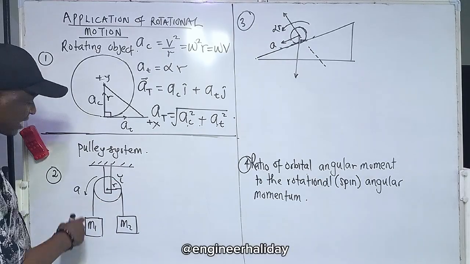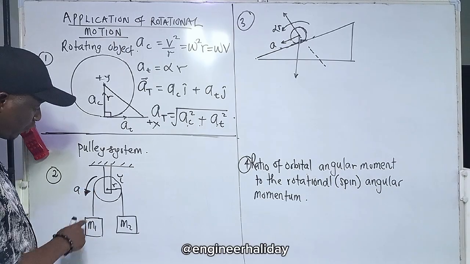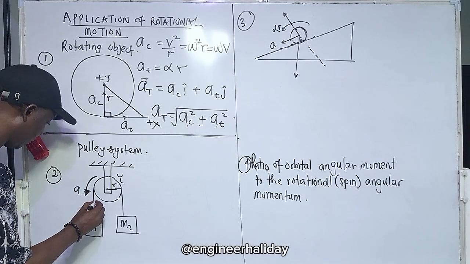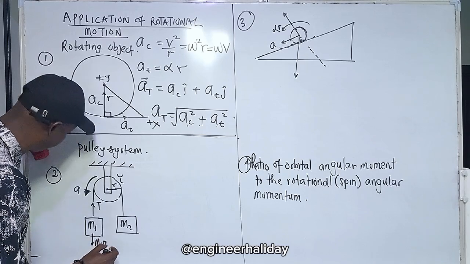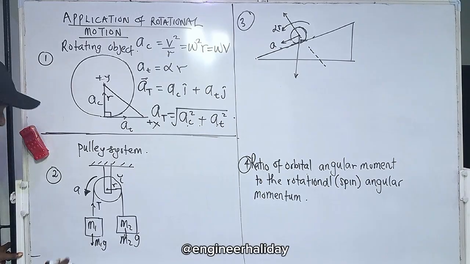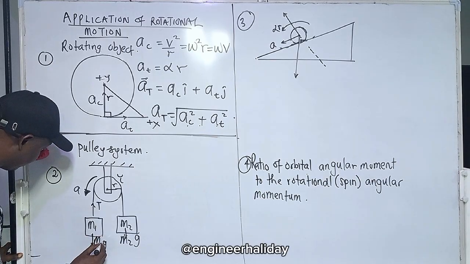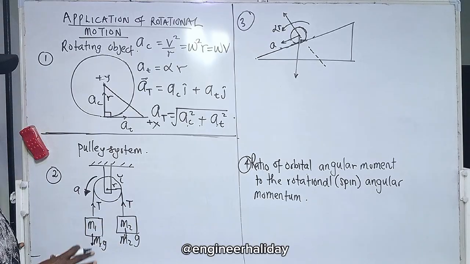Now if the body is rotating like this, don't forget that there is a tension going up and a weight going down. The weight here is M1g, while the weight here is M2g. Now, the tension is upward, so let's analyze this.